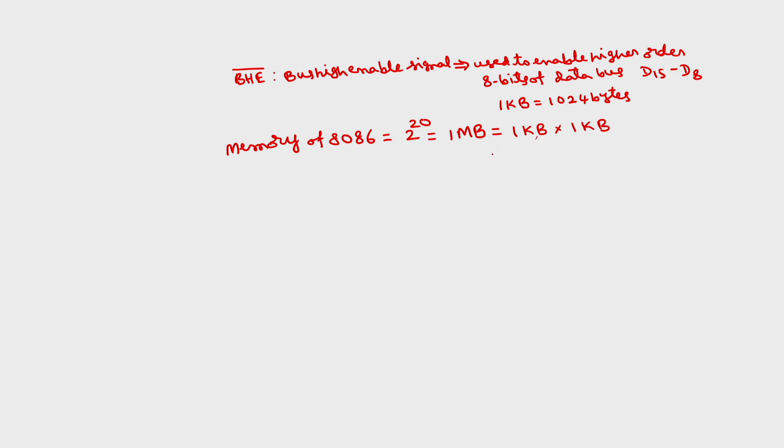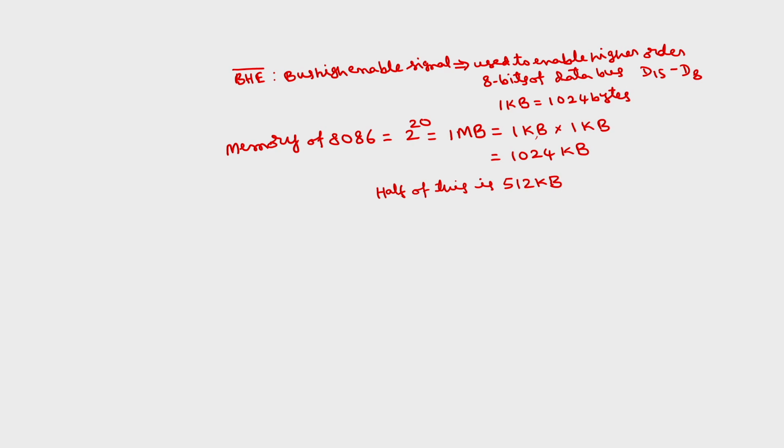If I substitute, 1 megabyte is equal to 1024 kilobytes. So what is the half of this? Half of this is 512 kilobytes.